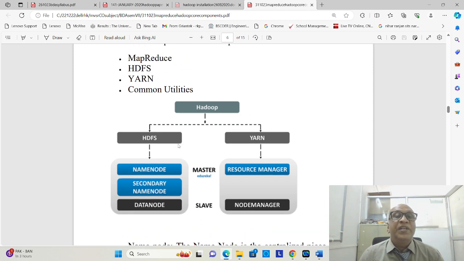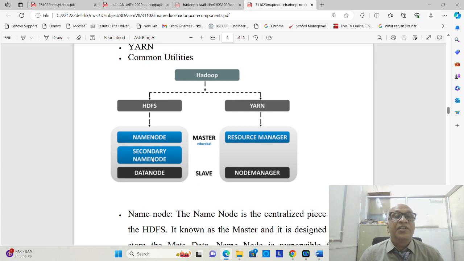In HDFS, we are seeing the further split here: name node, secondary name node, and data node. Then under Yarn, you have resource manager and node manager. And you can see here, name node is designated as master and the data node is designated as slave.